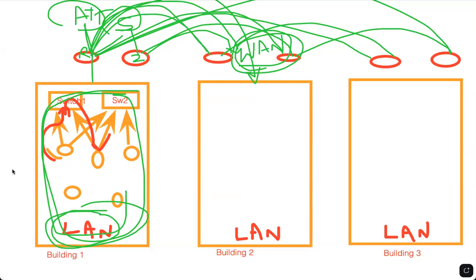I mean to say, you have multiple floors in a building and you have multiple buildings in a single location. You don't need to have a WAN layer there, but you have to have a full mesh kind of topology to get this functional. That is called 3-tier architecture, core distribution access layer. Let's talk about that now.